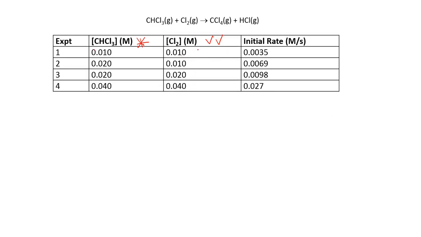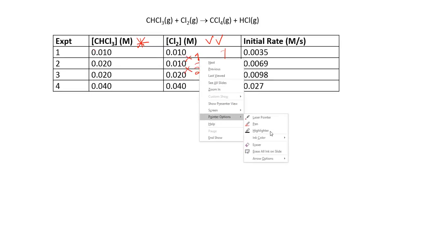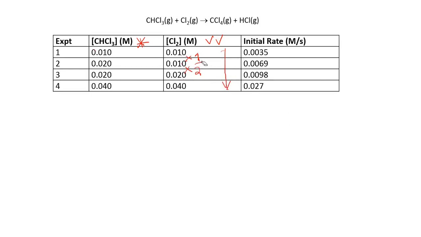So if I go down this reaction here, we see that here there is no change. This is times 1, so there is no change. But between this and this, we see that there is times 2. So there is a change in concentration from experiment 2 to experiment 3.